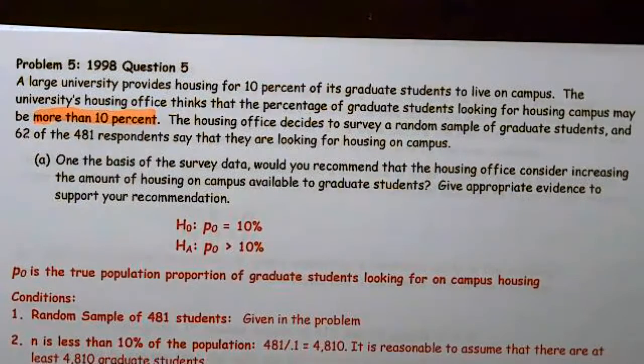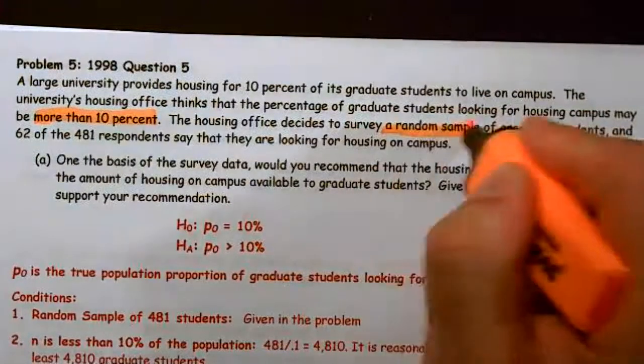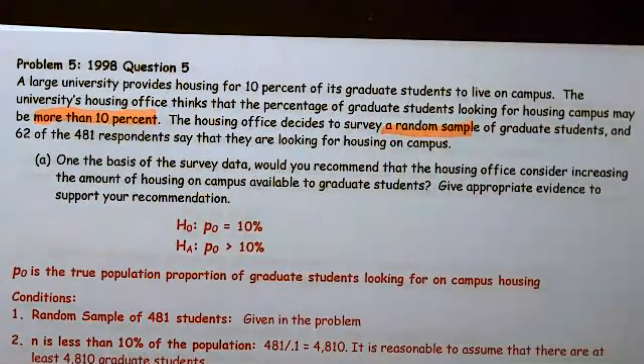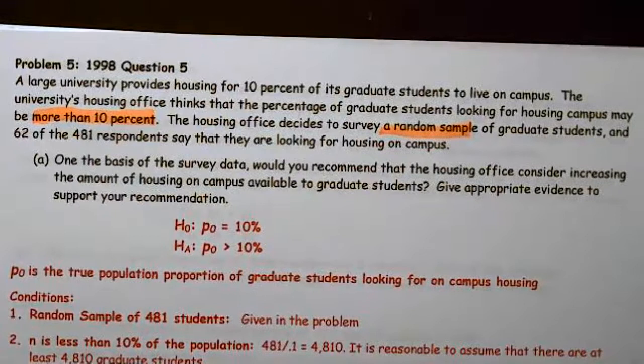The housing office decides to survey a random sample of graduate students, and 62 of the 481 students say they are looking for housing on campus. On the basis of the survey, would you recommend that the housing office consider increasing the amount of housing on campus available to graduate students? Give appropriate evidence to support your recommendation.